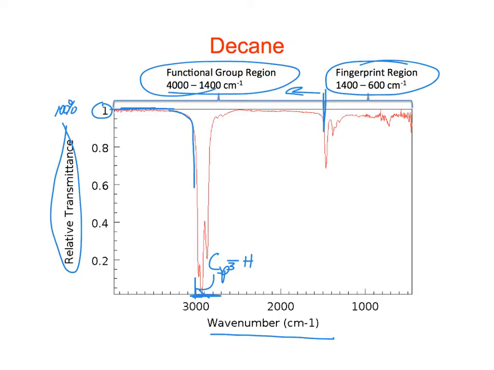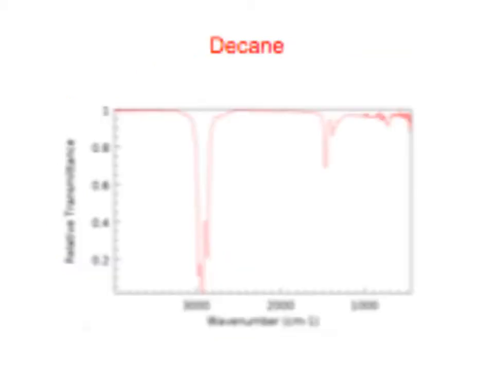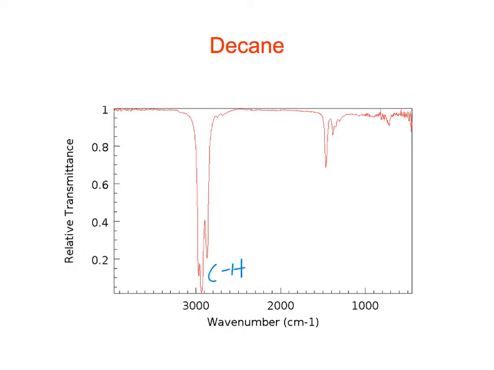So this is the basic layout, and then a couple of the peaks. I already mentioned the carbon hydrogen stretches, but for sp3 hybridized carbons, the peaks down here are things like scissoring motions and bending.